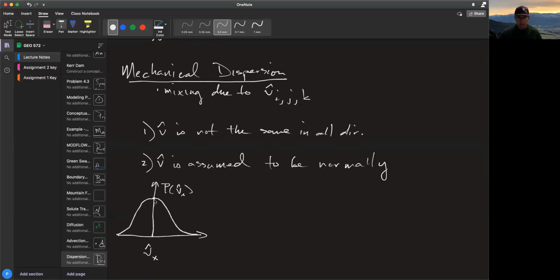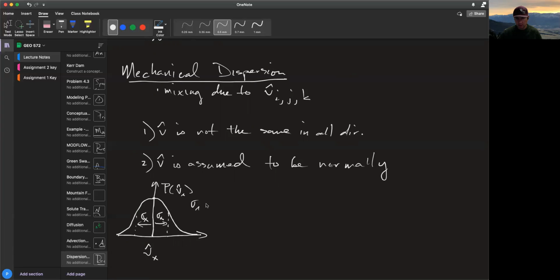And this probability can be described, if it's a normal distribution, by the standard deviation, sigma sub x. That gives us the parameter that describes the shape of this bell-shaped curve, right? And this is the standard deviation.